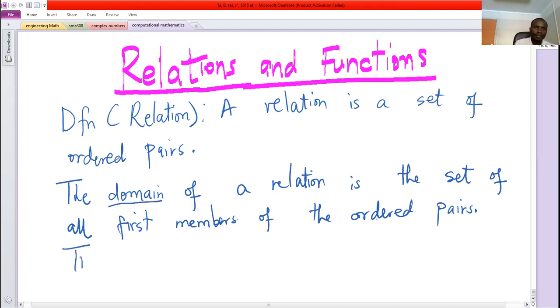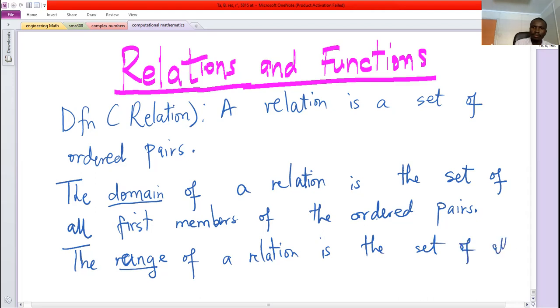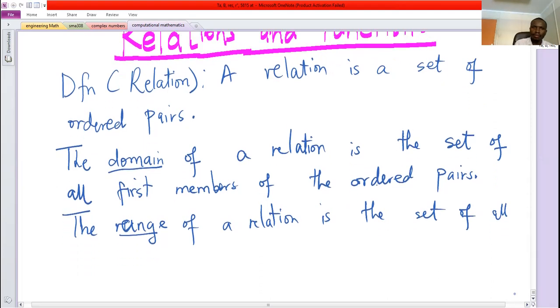And then the range of a relation is the set of all the second members of the ordered pairs.